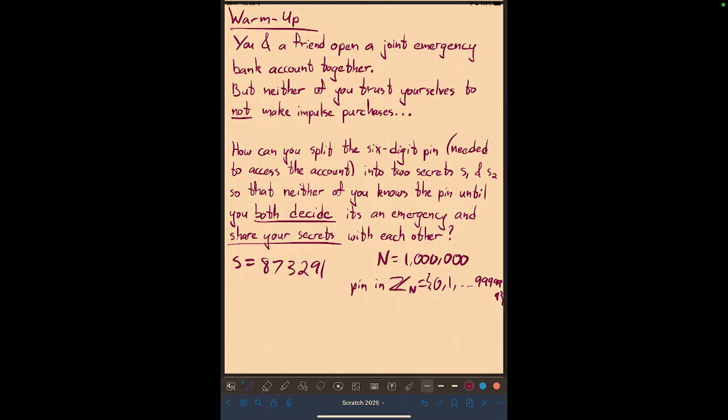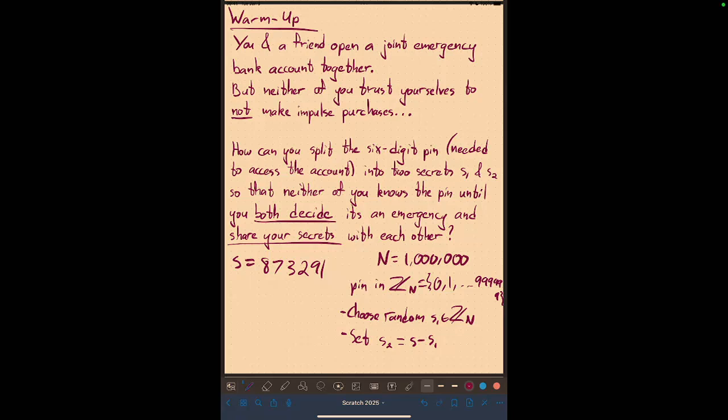So here's one thing we could do. Here's the scheme. You choose a random S1 in Zn. Just choose a random number in there. And then you set the other part, S2, to be S minus S1. So now what do we have?